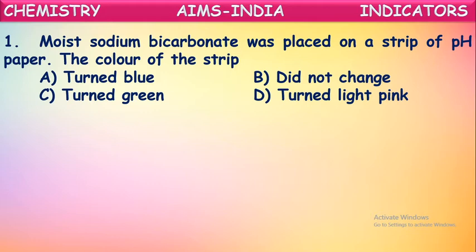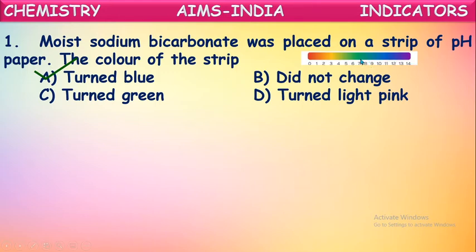It turns blue. So when moist sodium bicarbonate was placed on a strip of pH paper, its color turns blue. We know the pH color range is from dark red to dark blue. If it is a basic substance, the pH paper color will be blue.